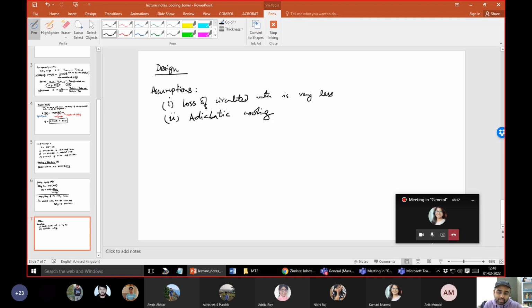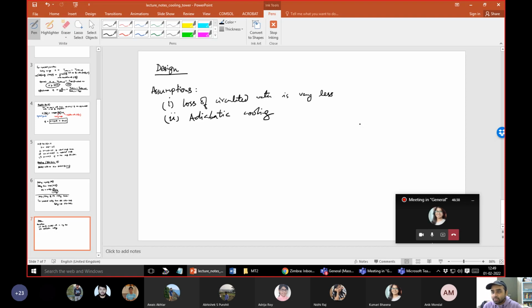In between the inlet and the outlet there is loss due to evaporation, and we consider that to be insignificant. You can also work it out without this assumption, but that will make it complex. So to start, let us consider that this loss of water is very small. So how do you work it out? It's all about enthalpy balance, mass balance, and heat transfer only.